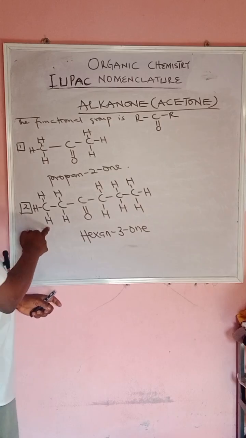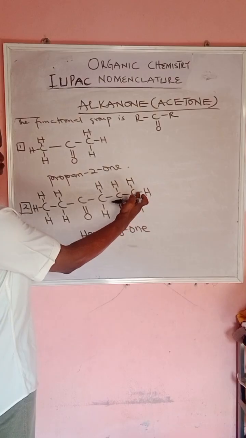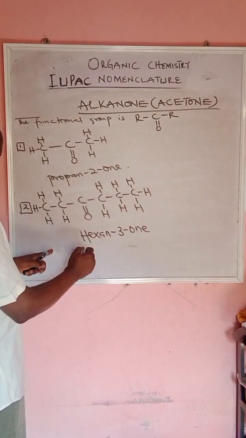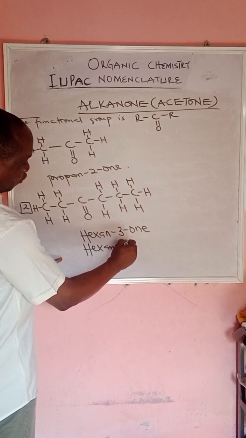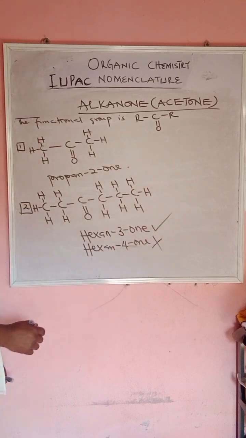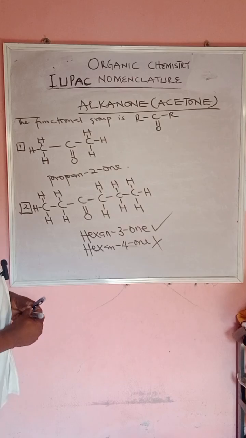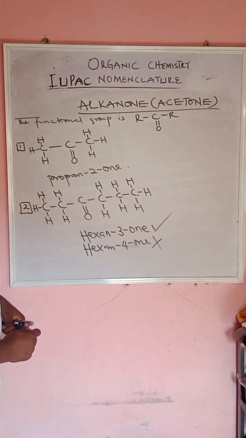When you count from 1, 2, 3, 4, 5, 6, then when you count from here, it will be 1, 2, 3, 4. It's on carbon 4, you have hexan-4-one. So this one is wrong, this one is correct, hexan-3-one. So this is how to name this.